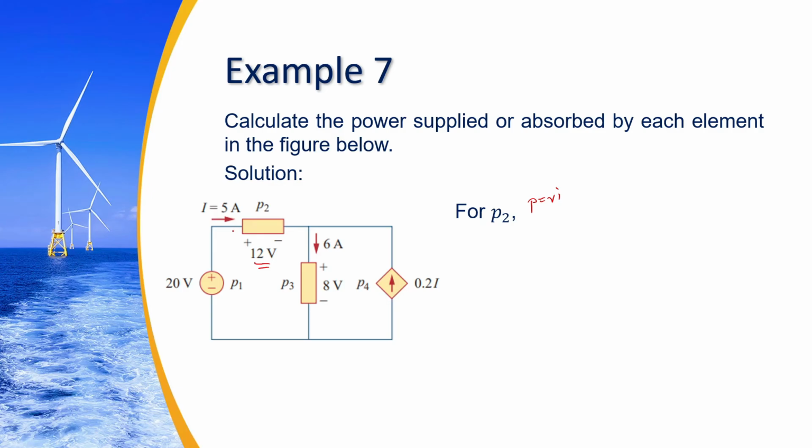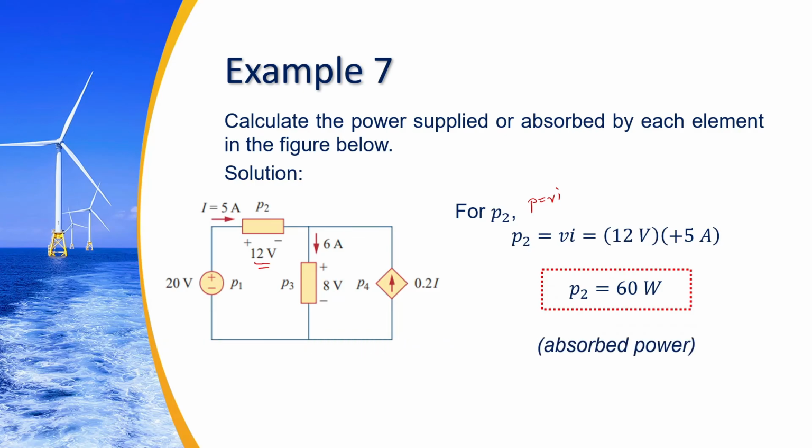Okay? Since siya yung mag-a-absorb, ang magiging sign natin kay current is positive. Kasi positive yun. Kasi binigyan ka pa eh. Positibo yun. Therefore, the magnitude of power para kay P2 ay 60 watts. Since siya yung nag-absorb, absorbed power ang tawag sa kanya.